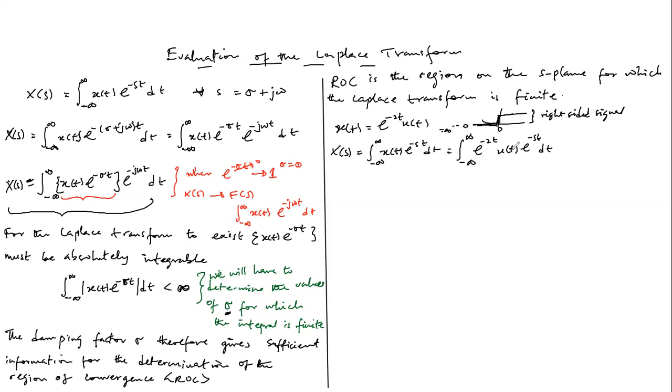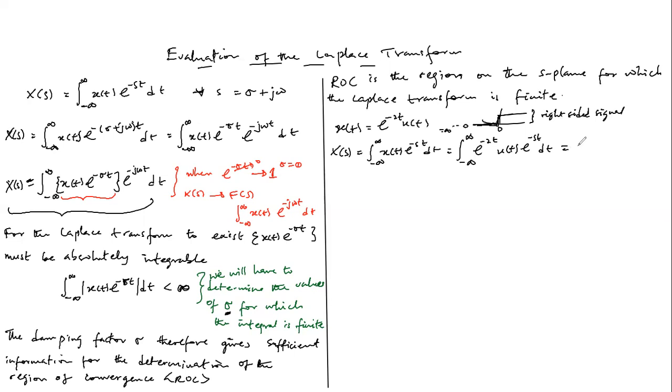So technically, the u of t will alter the limit of integration such that the negative infinity will disappear because all values from negative infinity to 0 will become 0, and the integral of 0 is 0.